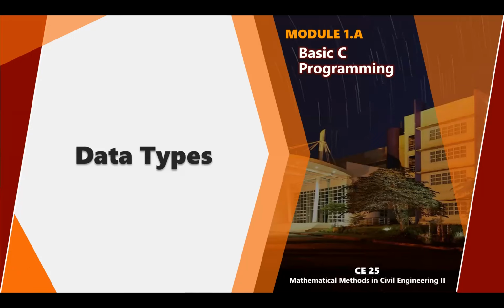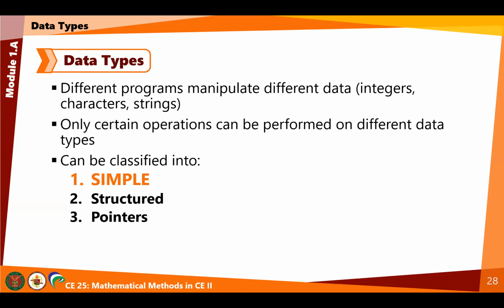Data types. So for data types, you have 3 data types. So ito, dinidiscuss ko din to kanina nung nagdi-discuss tayo about the basic C programming flow ng program nyo.